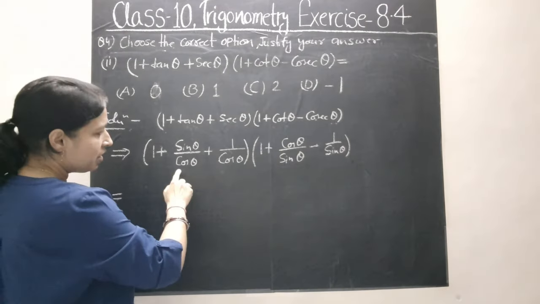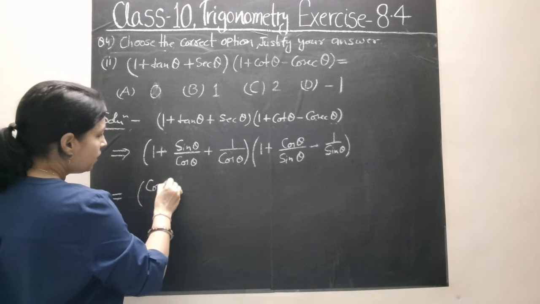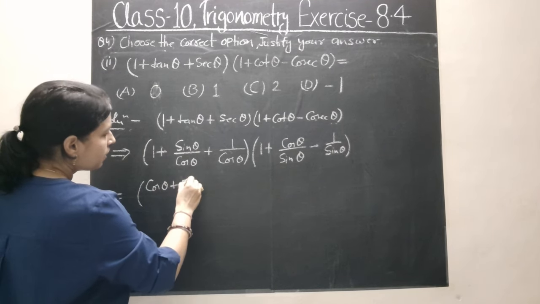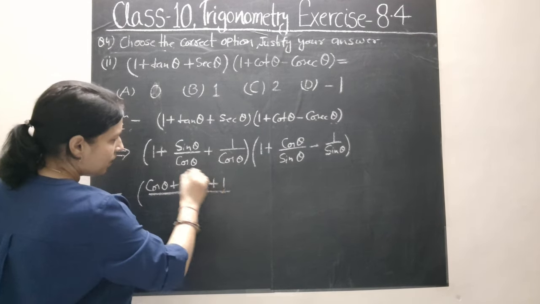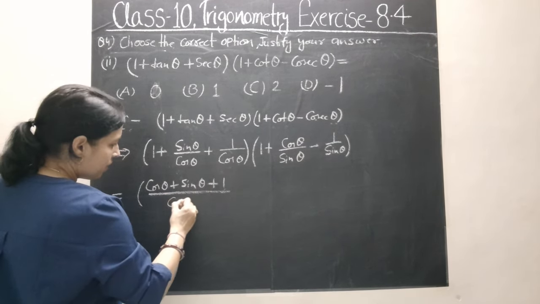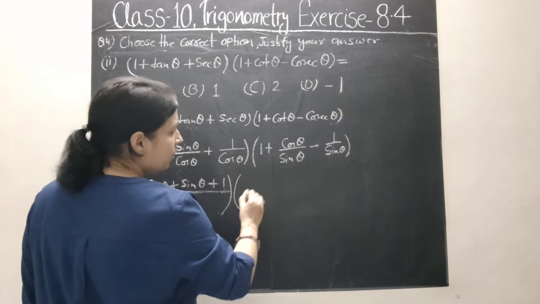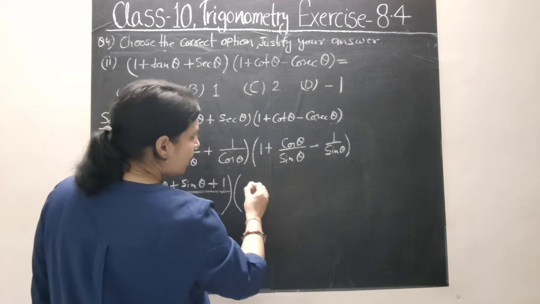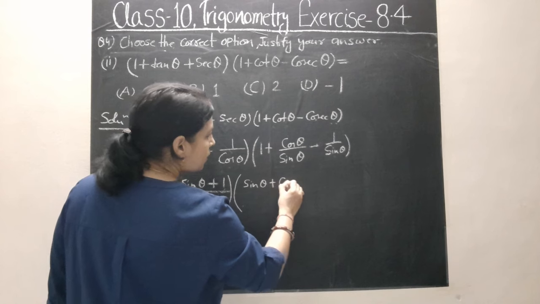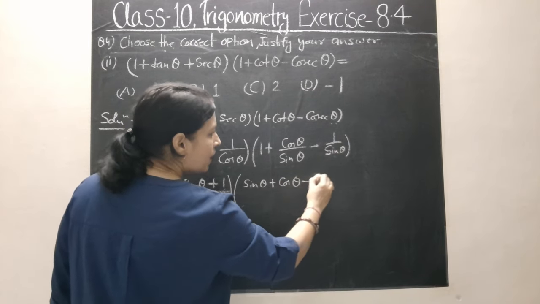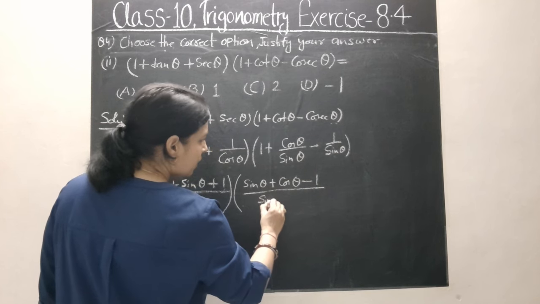Then take LCM. LCM will be cos theta. So we can write cos theta plus sin theta plus 1 divided by cos theta. And here take LCM will be sin theta. So it comes sin theta plus cos theta minus 1, which is divided by sin theta.